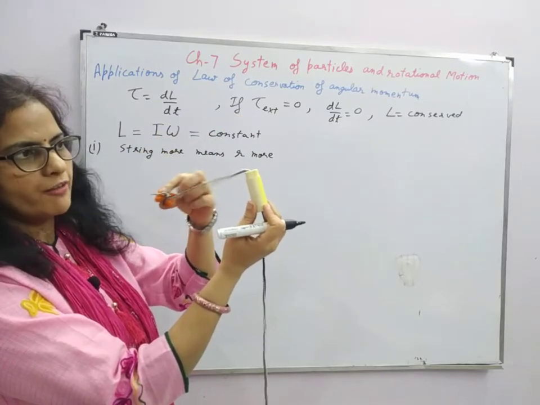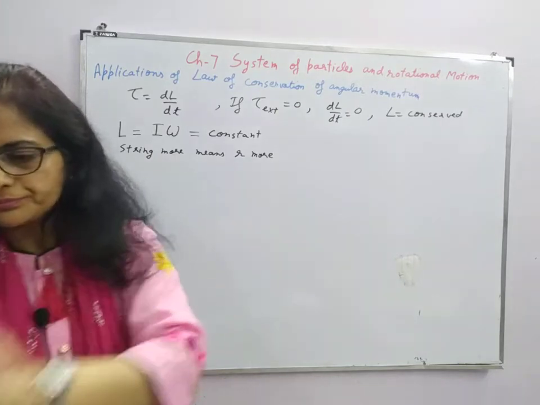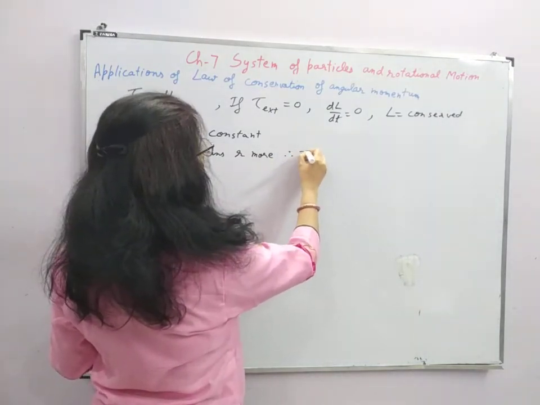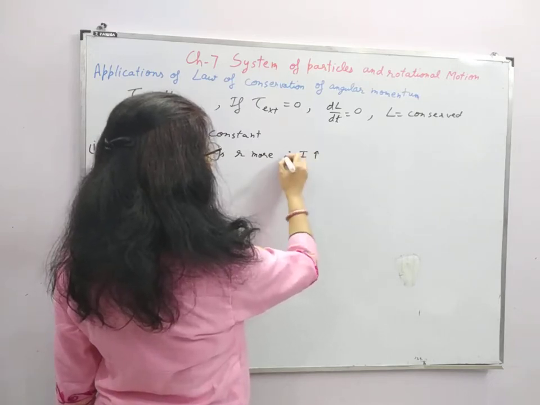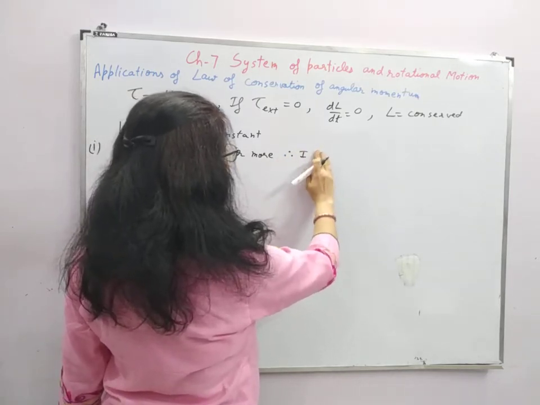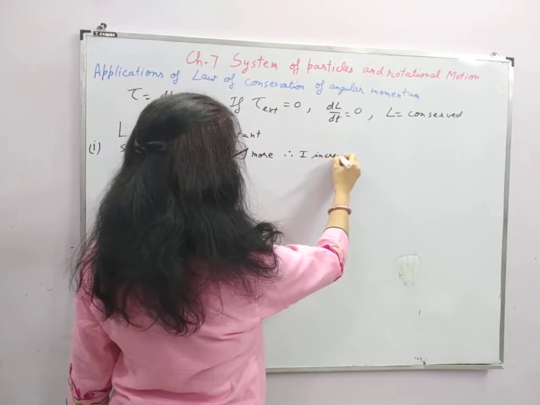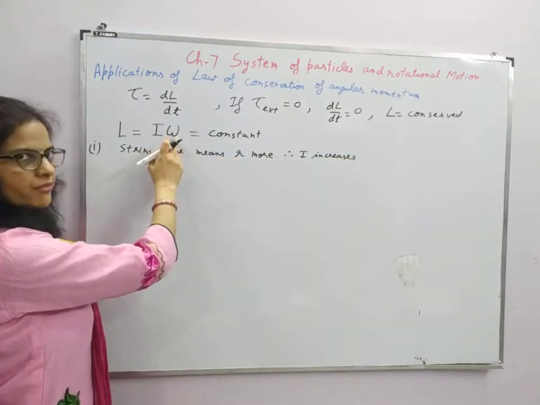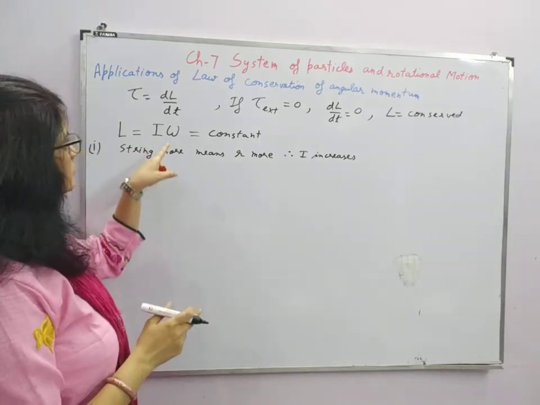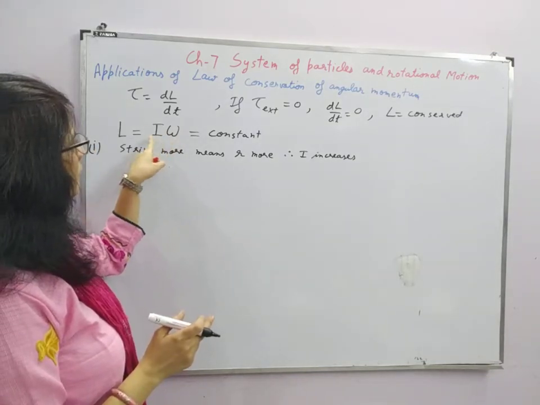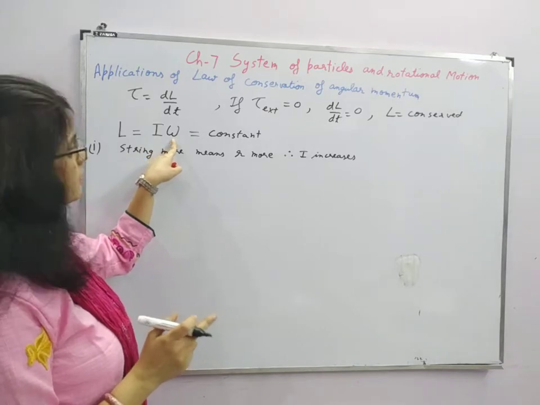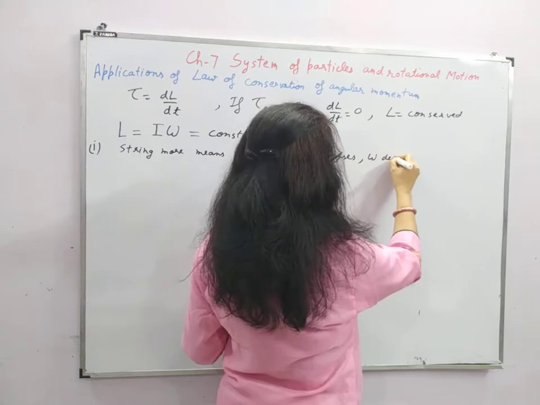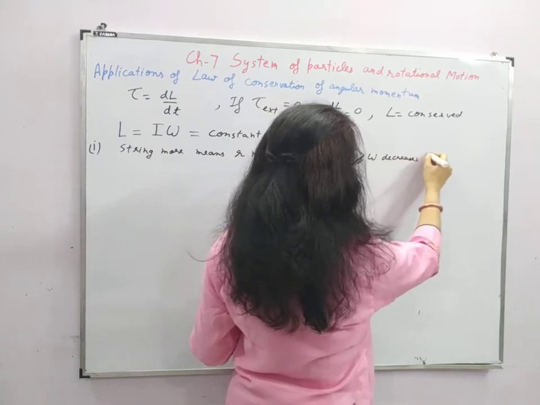Mass multiplied by the square of this distance R. So R is more, therefore I is more, that means I increases. If I increases, then omega must decrease to keep the product constant.